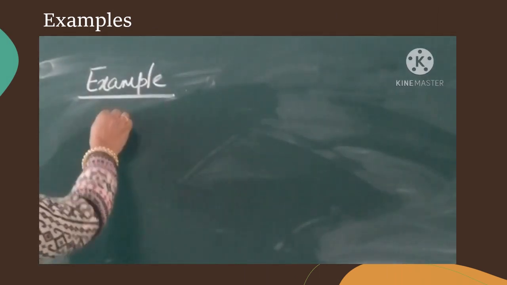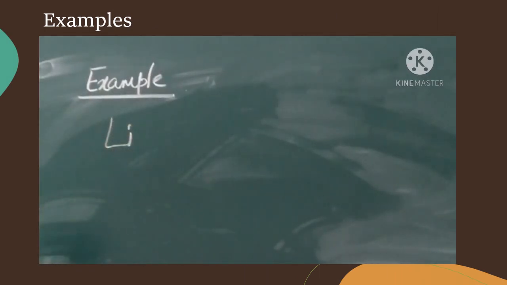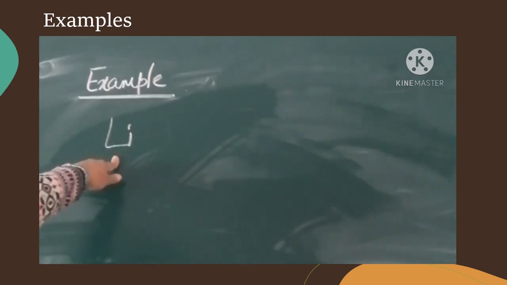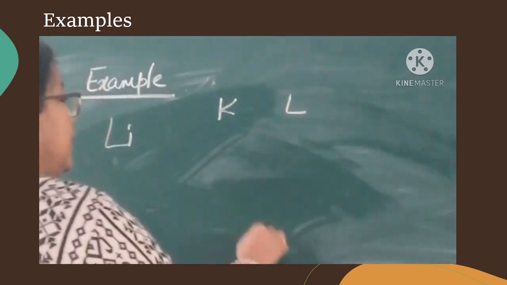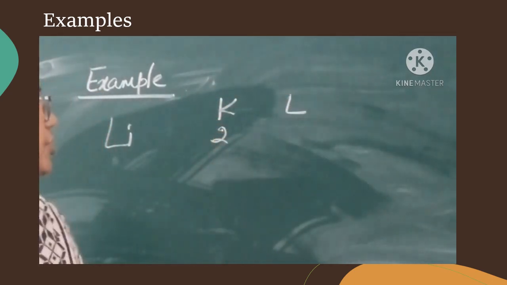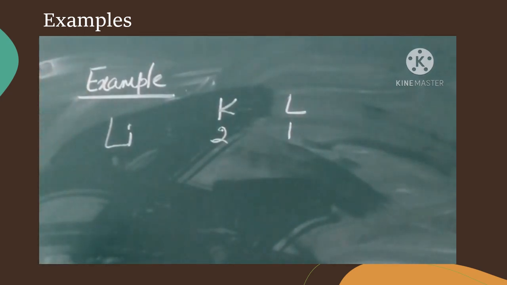Find the position of the lithium element in the periodic table. As you know, the atomic number of lithium is 3. That means it has 3 electrons, and these 3 electrons are distributed in the K and L shells as 2 and 1.